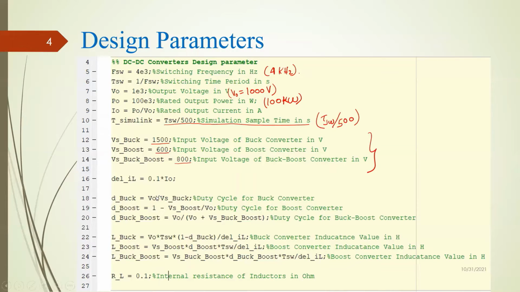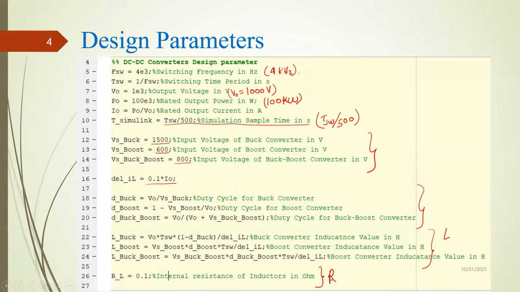And to design our inductor in the DC-DC converter, I basically have some design parameters, and these are the well-known duty cycle computation equations, and then you can design your inductor parameter. So these are our inductor parameters: this is our L value, the inductance, and this is the internal resistance of the inductor.